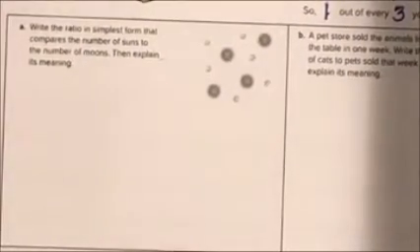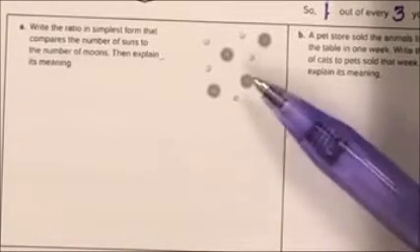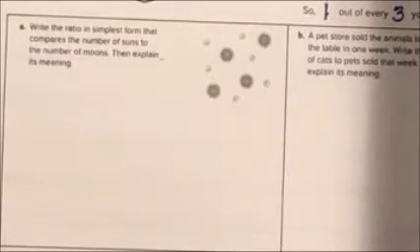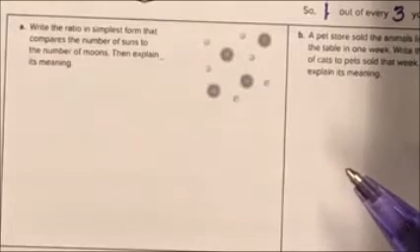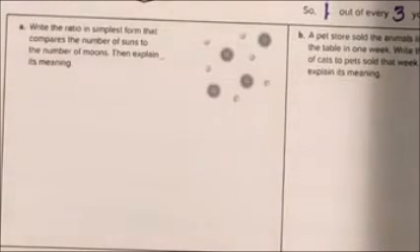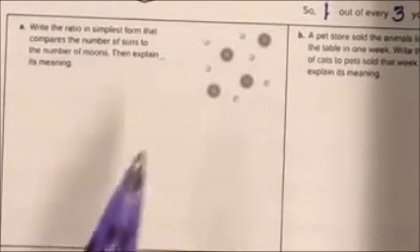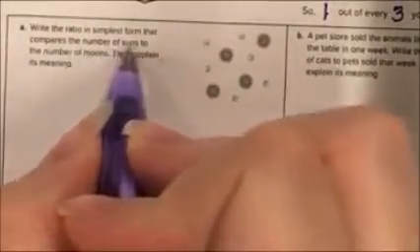All right, so let's look at the first try it problem. It says, write the ratio in simplest form that compares the number of suns, these are the suns, to the number of moons, and the little ones are the moons. Then explain its meaning. So I'm comparing suns to moons.